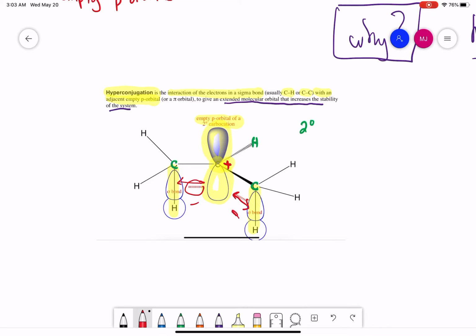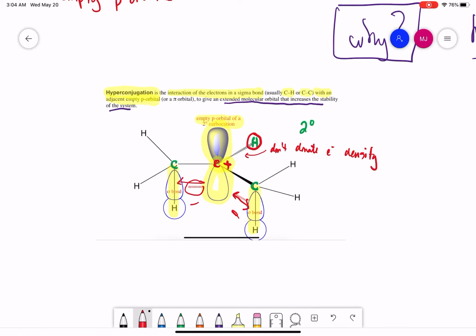Now, hydrogens, because these are a 1s orbital, they can't donate any electron density. So the more substituted the carbon, the more that carbocation feels like it has electrons around it to support it, and it makes the whole system more stable.